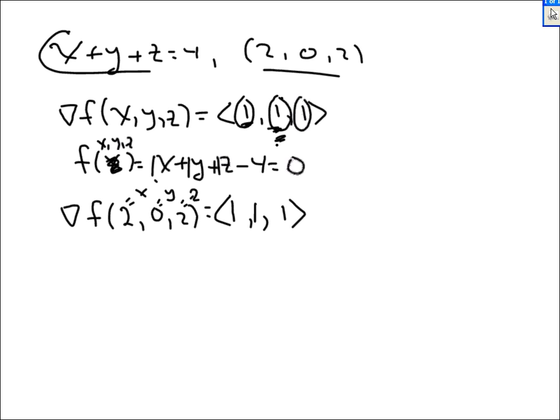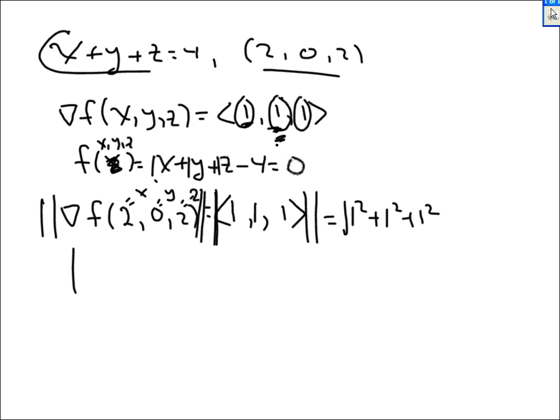Okay, and all we want is the length of this. The length is the square root of 1 squared plus 1 squared plus 1 squared, which is the square root of 3.